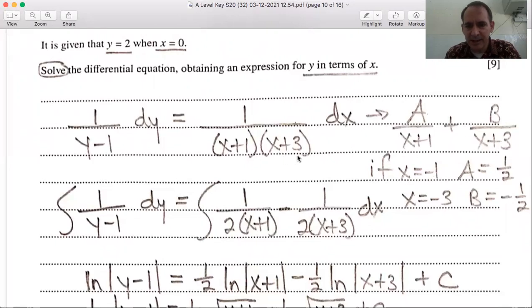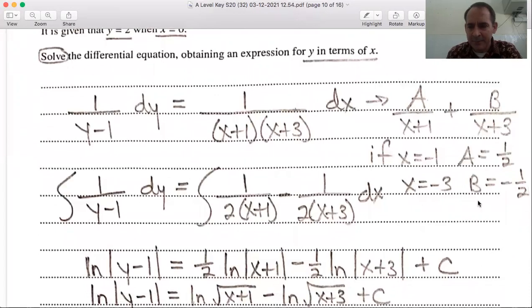When x equals negative 1, you get 1 over 2, or a positive 1/2. When x equals negative 3, meaning you've multiplied everything through by the x plus 3, this cancels, leaving you the b by itself. You have x plus 3 up here. When you plug in the negative 3, it becomes 0 and cancels this out. Your x plus 3 cancels this out, leaving your 1 over x plus 1.